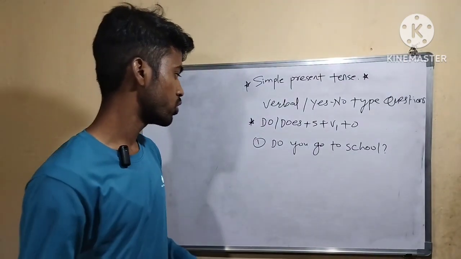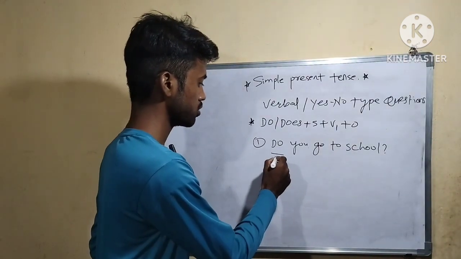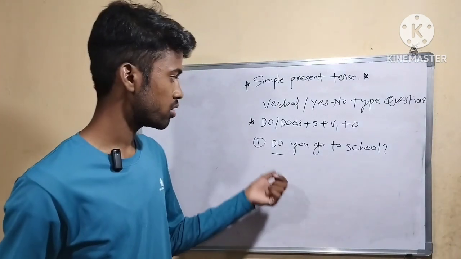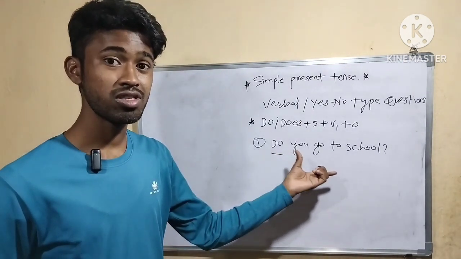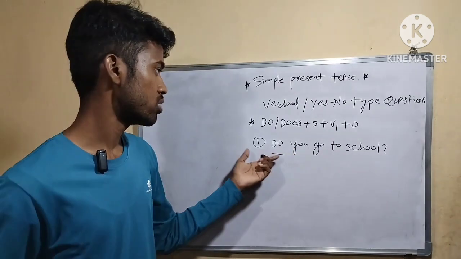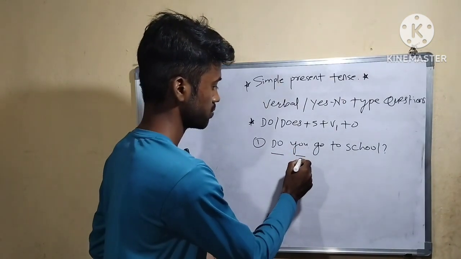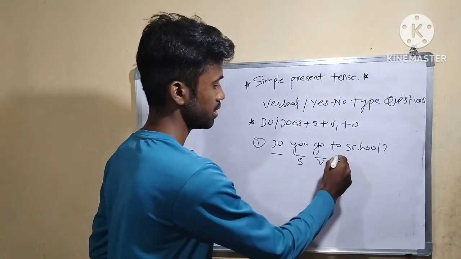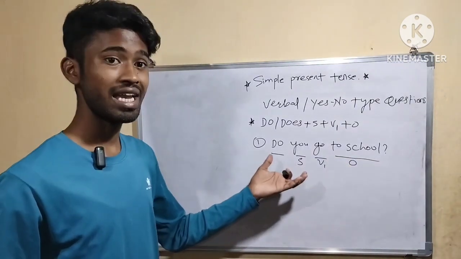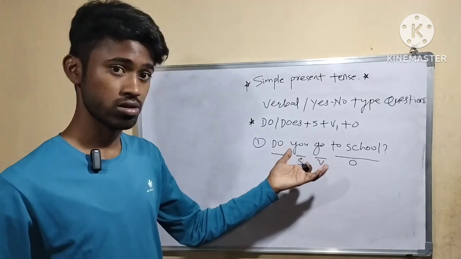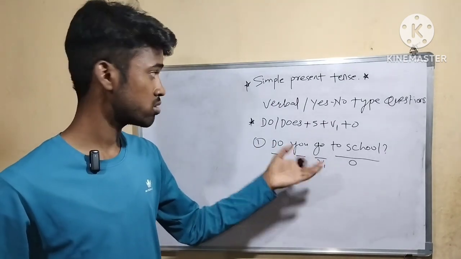Here see, we are using do at the first position, that is the difference. So now this is the question. What do you, this is subject, this is first form of verb, and remaining all is the object. So this is an interrogative sentence.